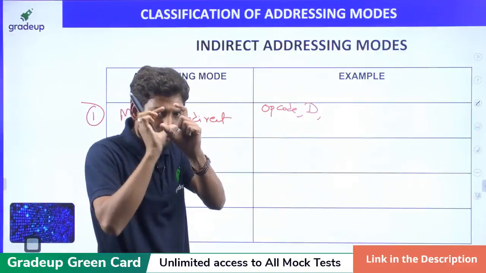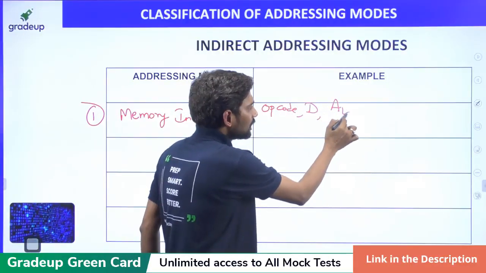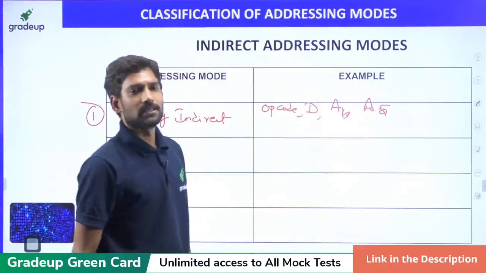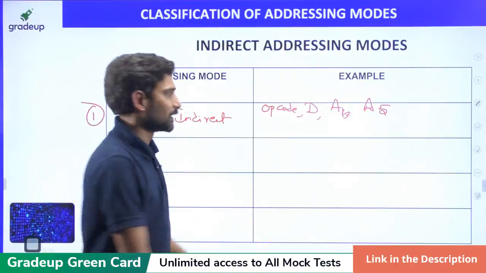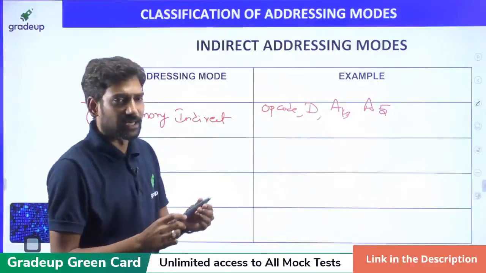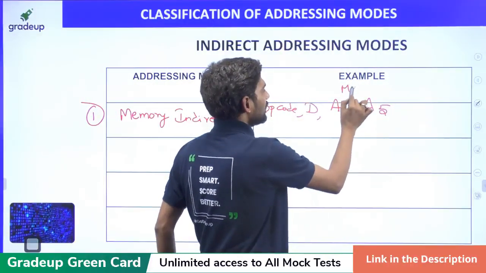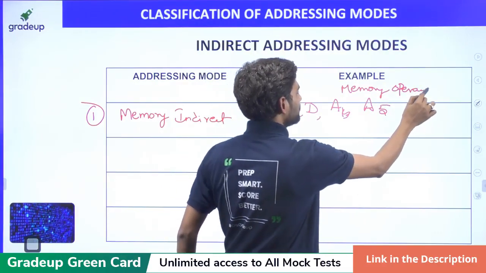You should zoom at source. Let's say you have written operands as A1 and A5. What A1, A5? So you can understand. Even for memory indirect also, the operands should be memory operands, means only addresses.